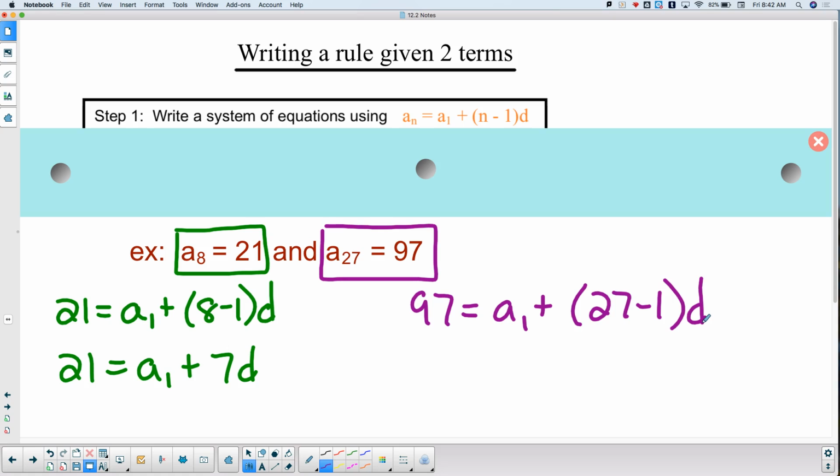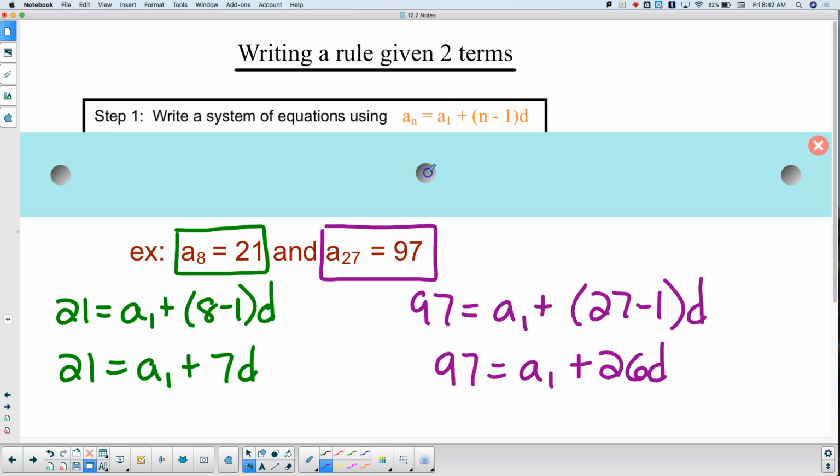Which tells me, if I make it look pretty, 97 is equal to a sub 1 plus 26d. Okay?